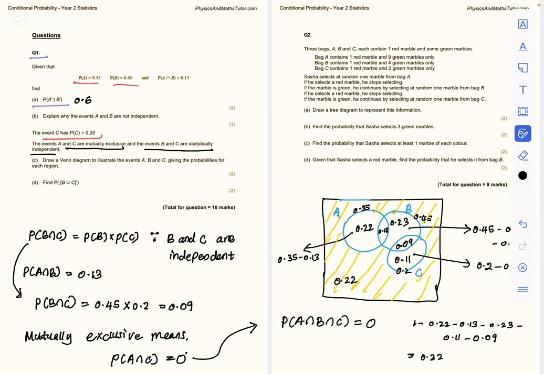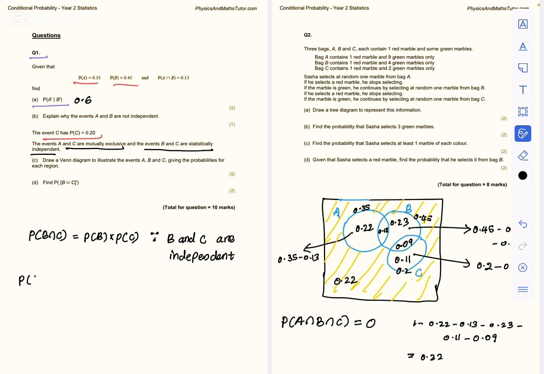Next thing is to find the probability of B or C dash. This is 1 minus probability of B or C. This is something you know now, the complement rule.